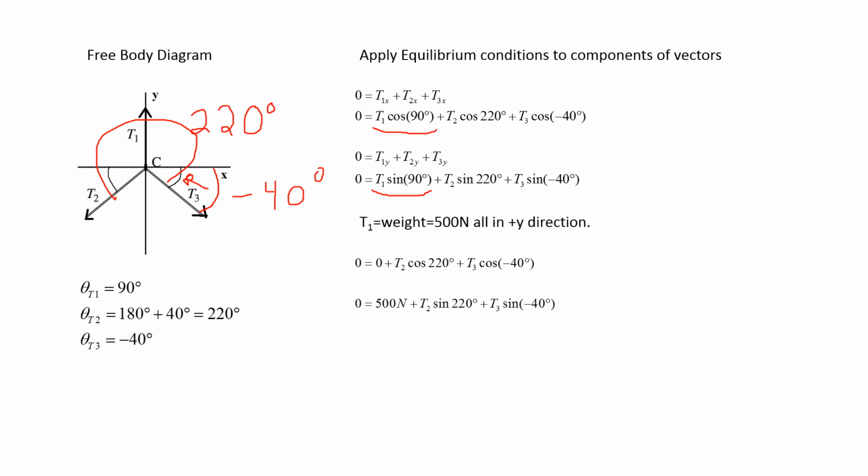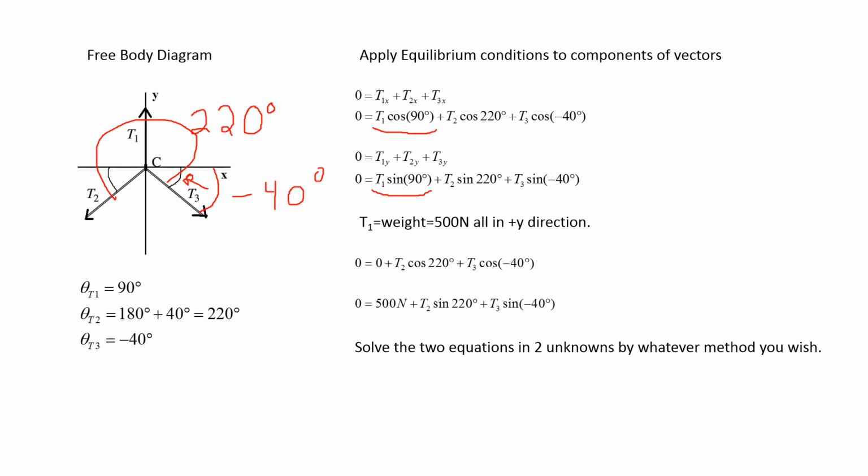So when we plug that into our equation, we have 0 is equal to 0 plus T2 cosine 220 plus T3 cosine negative 40, and 0 is equal to 500 plus T2 sine 220 plus T3 times sine of negative 40.